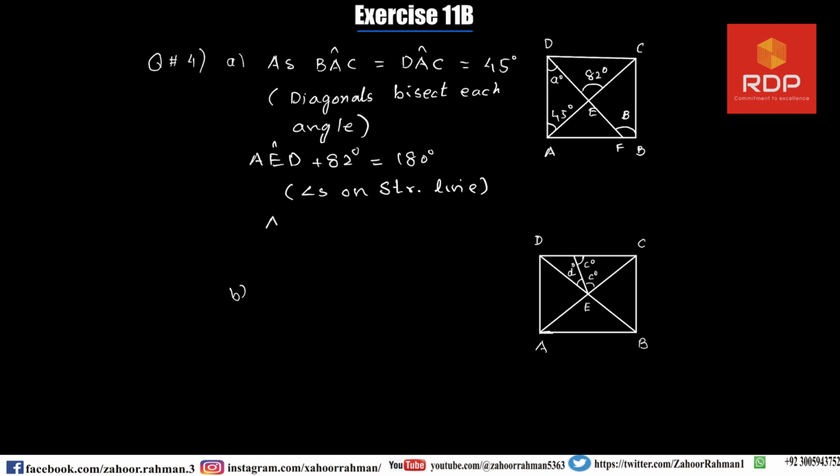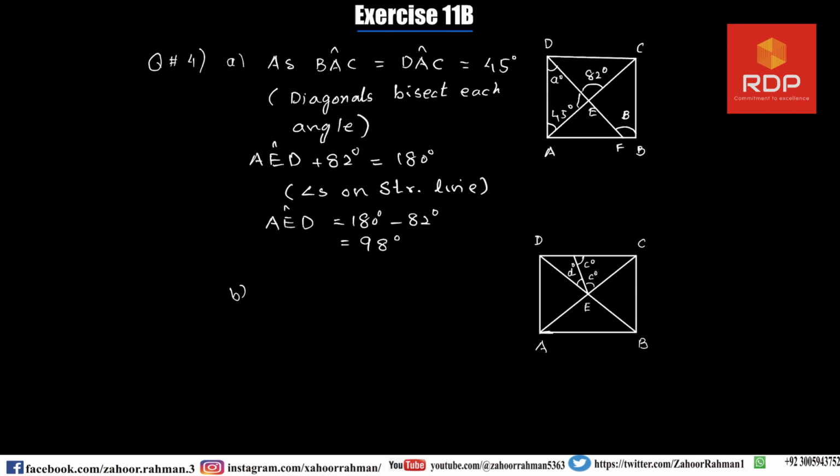And now we can write AED is equal to 180 degree minus 82 degree, and that will be equal to 98 degree. So we also found this to be 98 degree.